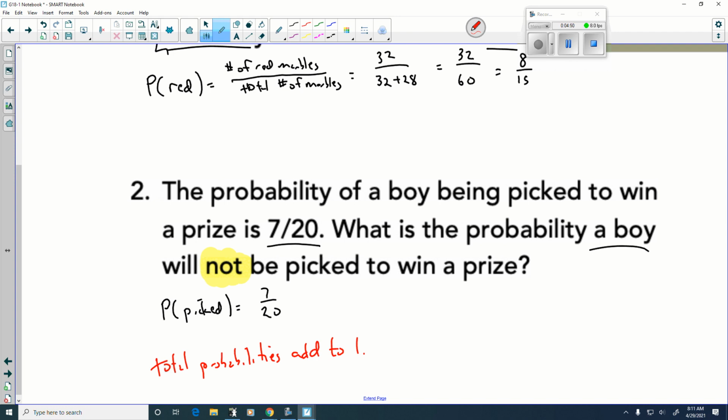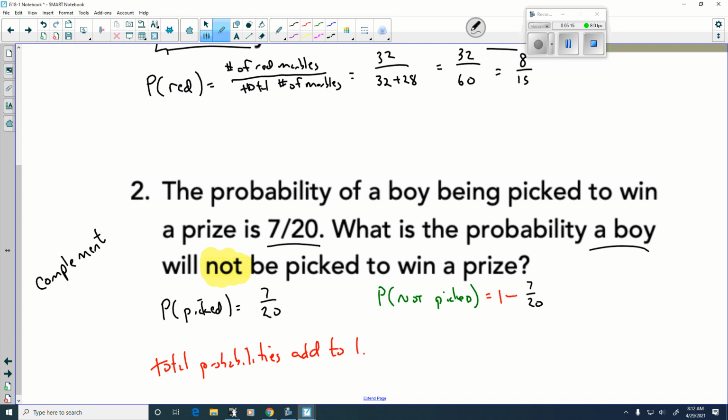So the probability he's picked is 7/20. The probability he's not picked is going to be 1 minus the 7/20ths. 1 minus the likelihood he is picked. This is called a complement.